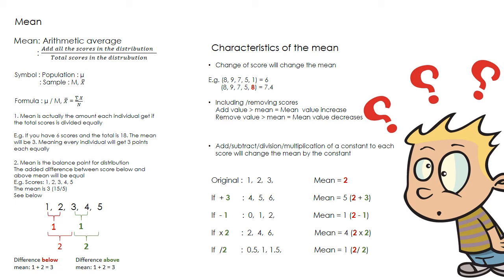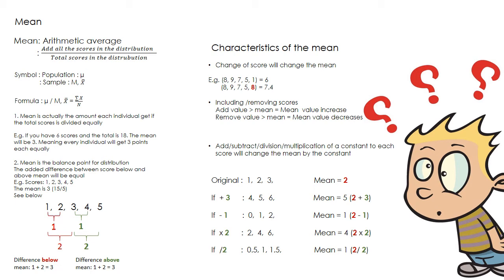So look at the highlighted ones below. I have made it bigger on the score. So you have scores 1, 2, 3, 4 and 5, and the mean is 3.